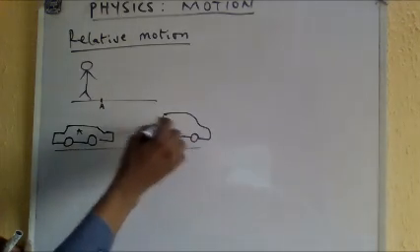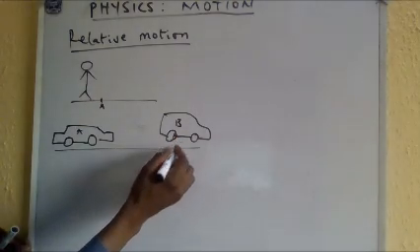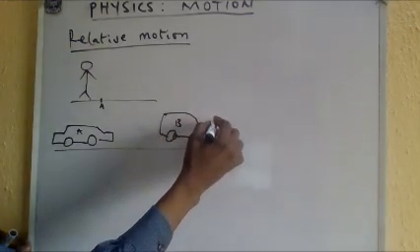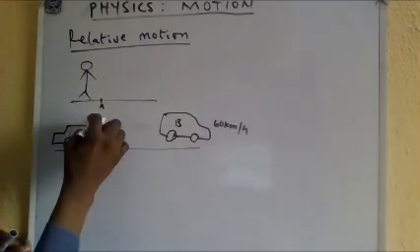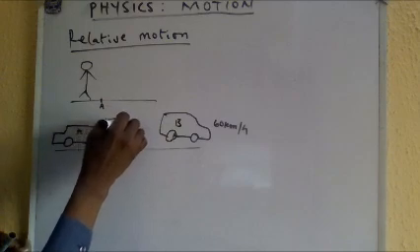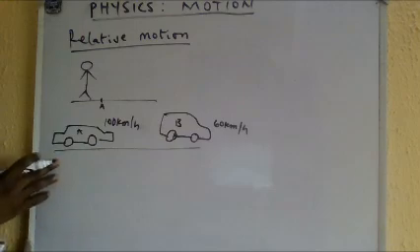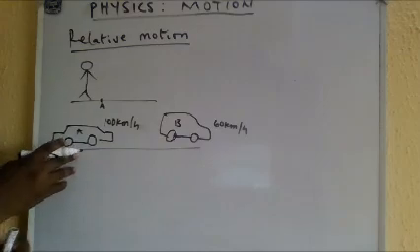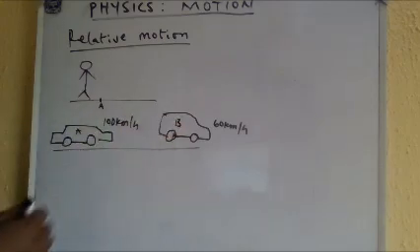Let's say car B is moving at 60 kilometers per hour, and car A is moving at 100 kilometers per hour. Which one is moving faster? This one is at the back, right? This one is in the front, right? Car A is moving faster. A point will come when car A will go past car B.